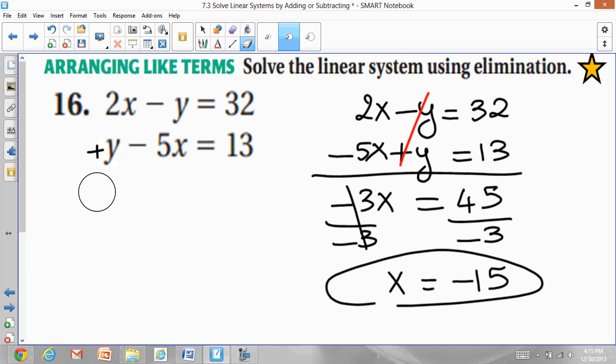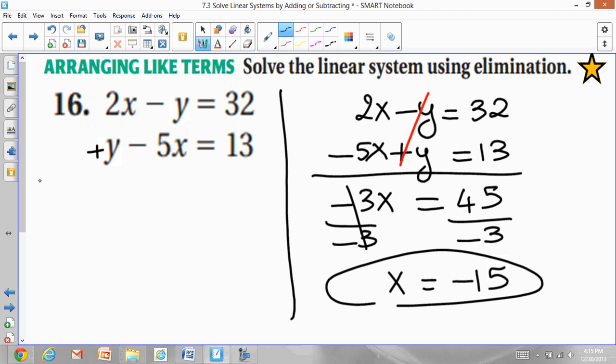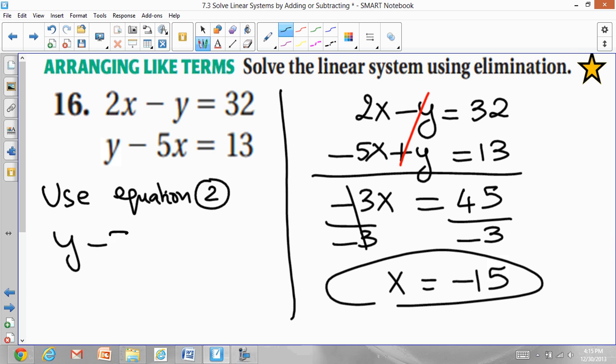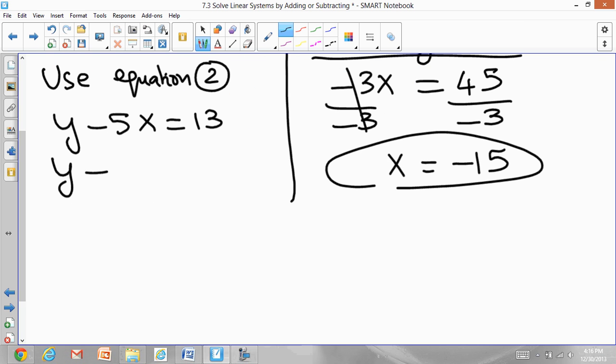Now you can go back to one of these equations. You can take either equation 1 or equation 2. You will still get the same answer. So let's take equation number 2. I'm going to use y minus 5x equals 13, and y minus 5 times negative 15 equals 13.